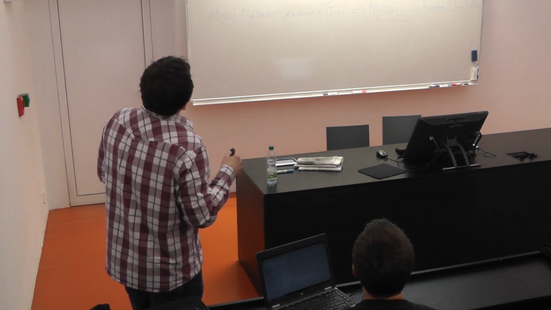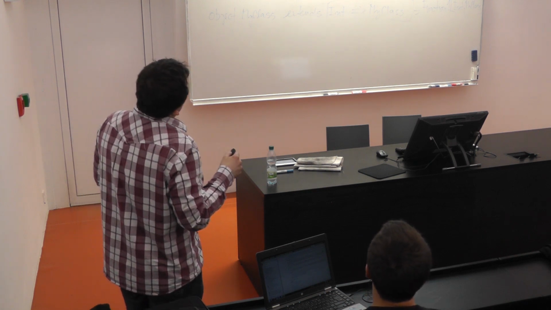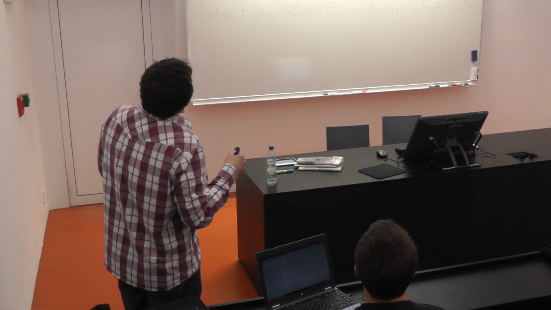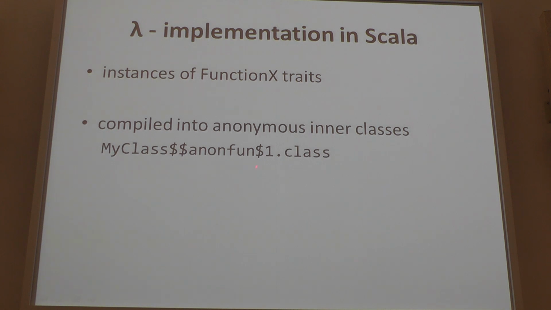It basically says that in my class someone defined a function, and there are dollar signs and numbers, and the name doesn't really matter. It's just something the Scala compiler has to do to run this code in the current JVM.